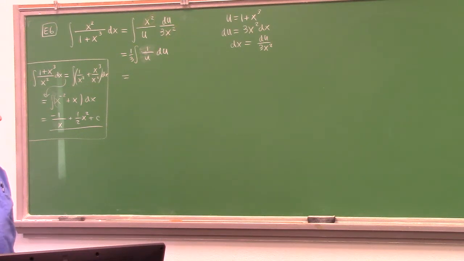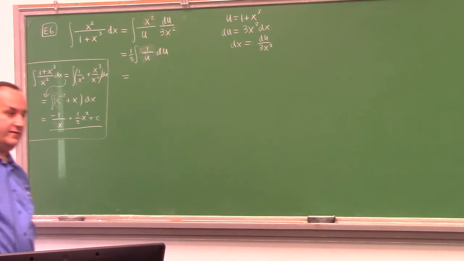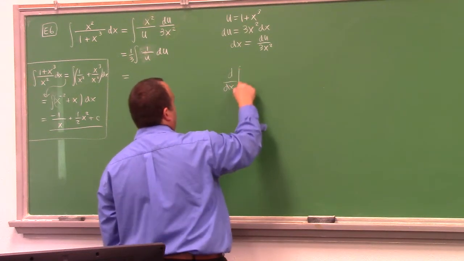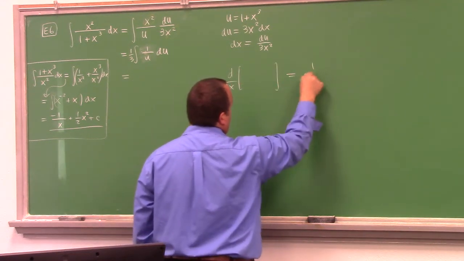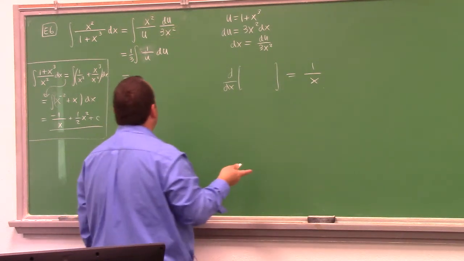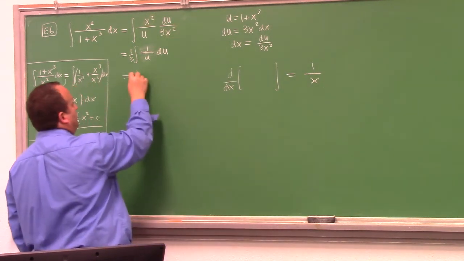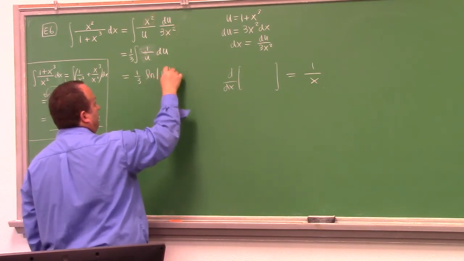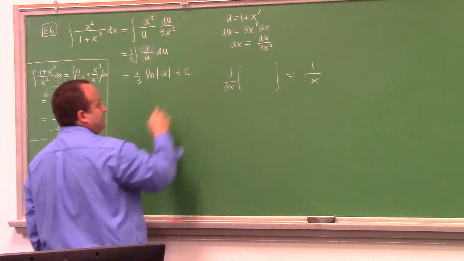It is not tangent, no. The derivative of what function is 1 over x? Right, ln. So we put 1/3, and for reasons we talked about, absolute value of u plus a constant.